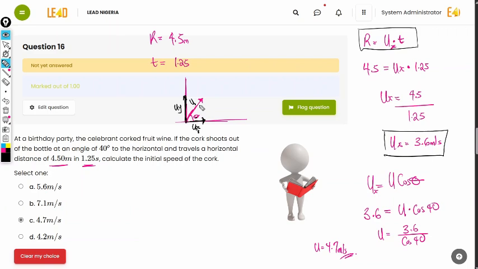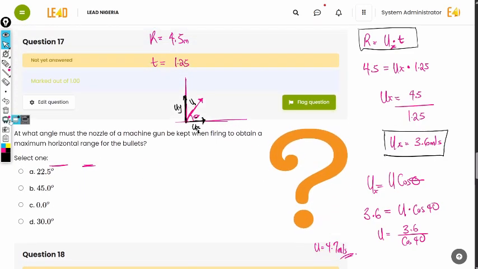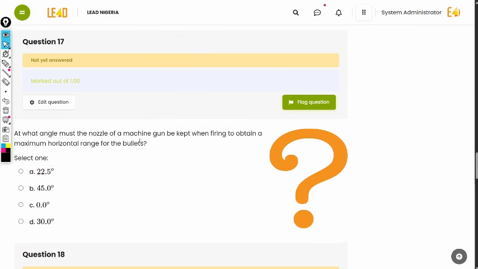Let's take on 17. 17 says, at what angle must the nozzle of a machine gun be kept when firing to obtain a maximum horizontal range for the bullet?